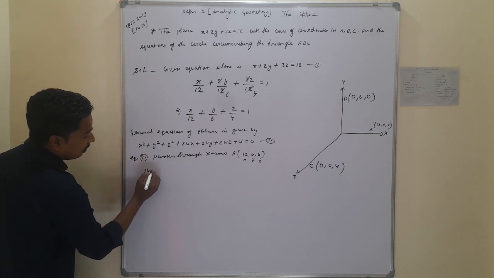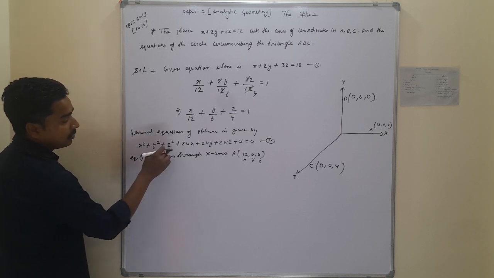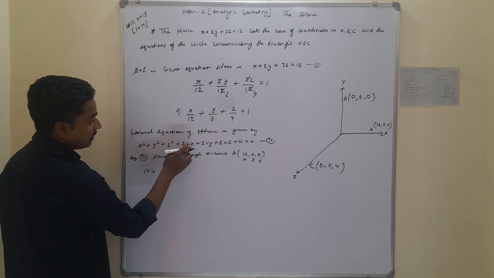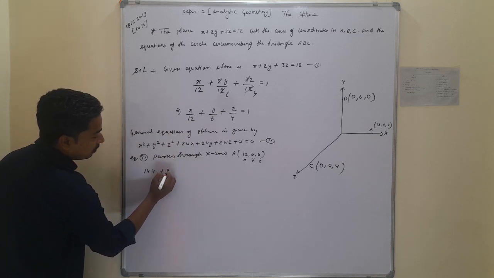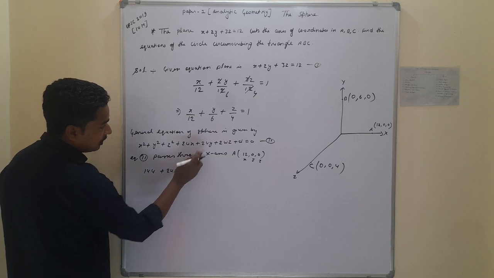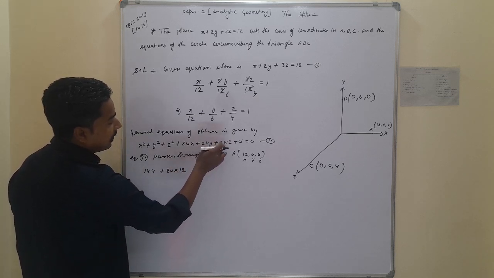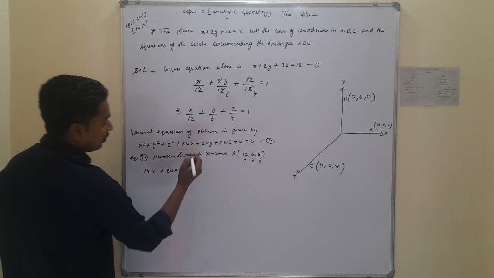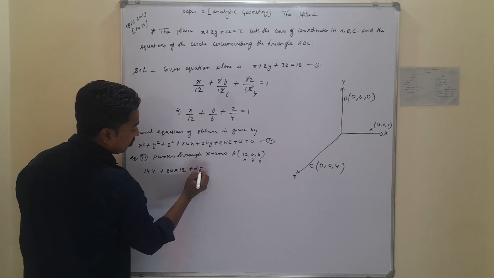We get 144, then 2u into 12, and 2vy is 0 and 2wz is 0, plus d is equal to 0.